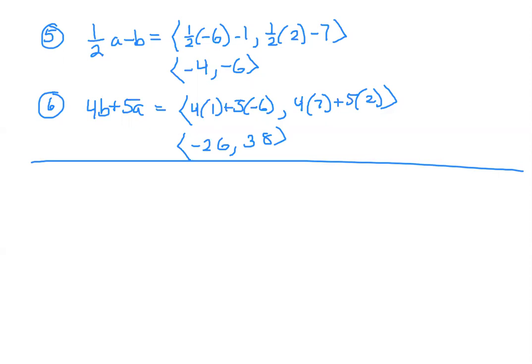So let's talk about what a unit vector is. A unit vector is what you might think it is. A unit circle has a radius of 1. A unit vector has a magnitude of 1. Okay, it's called a unit vector.